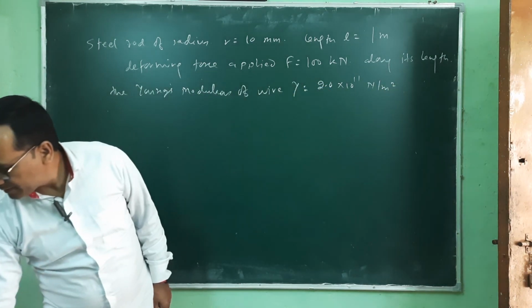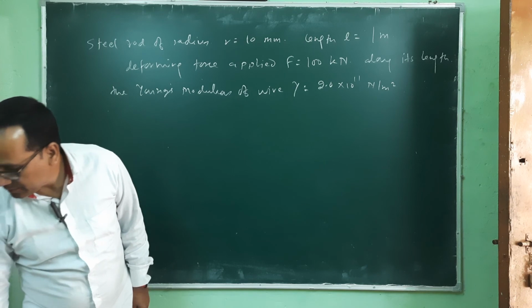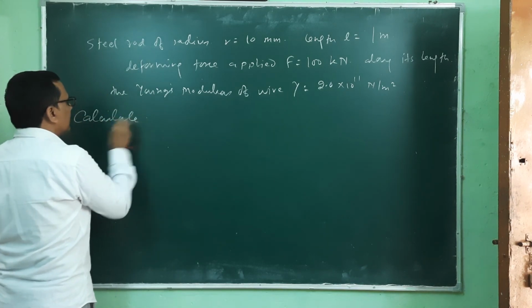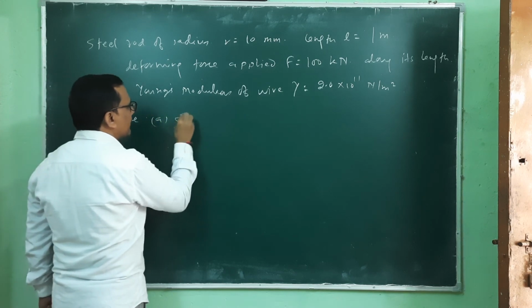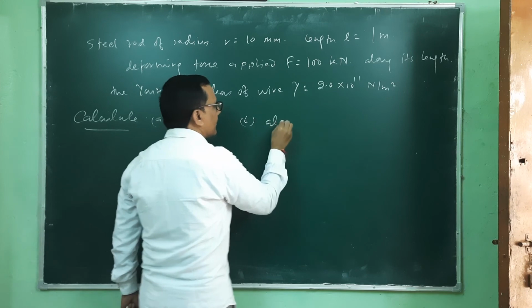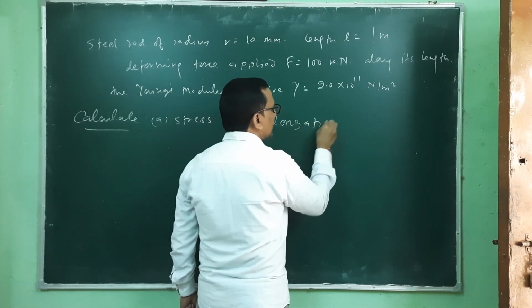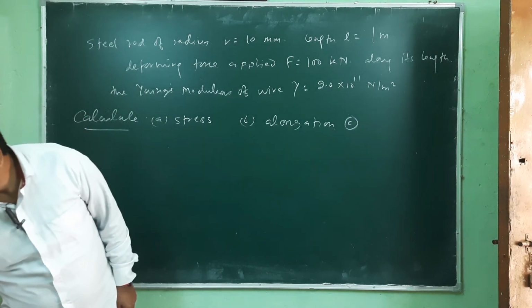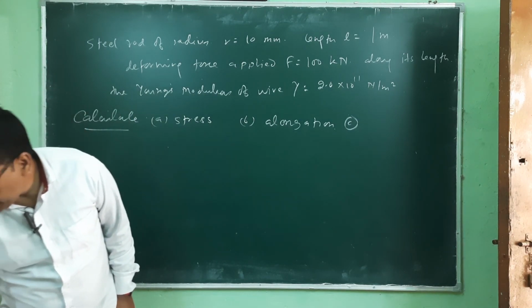What you have to calculate: A, the stress, B, the elongation, delta L, the change in length, and C, the strain on the rod.